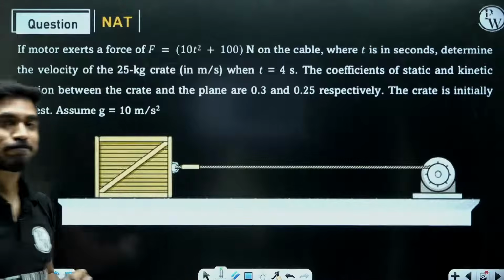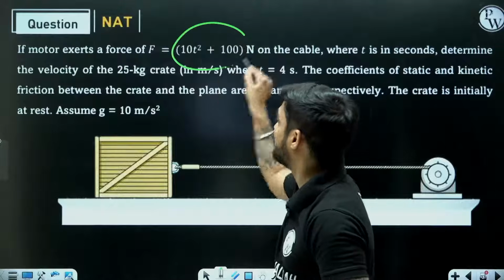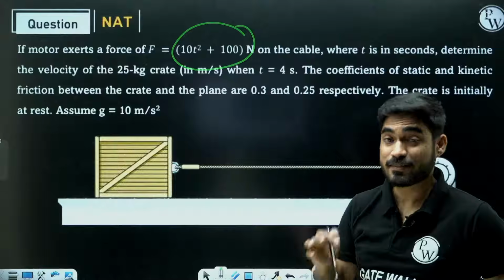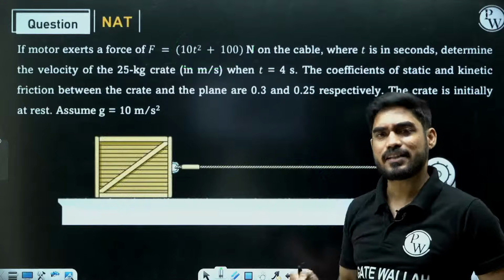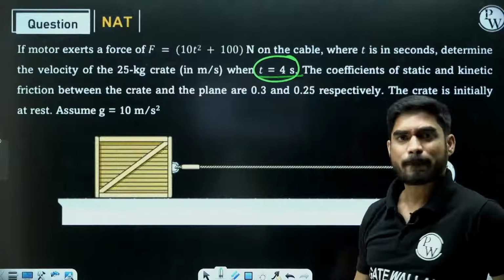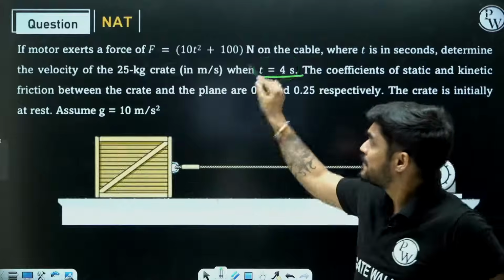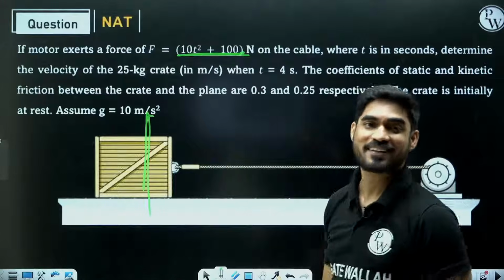Why? The reason is the force is a function of time, which means it is not constant, it is varying. Initially the force will be less and then it will increase. At t equal to 4 seconds, whether this force will be enough to move the crate or not, that you have to calculate.